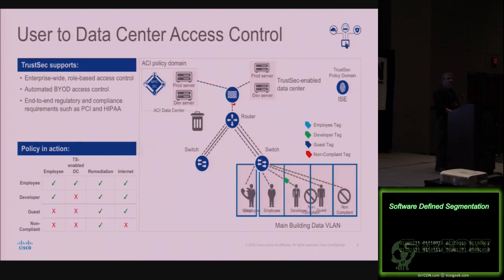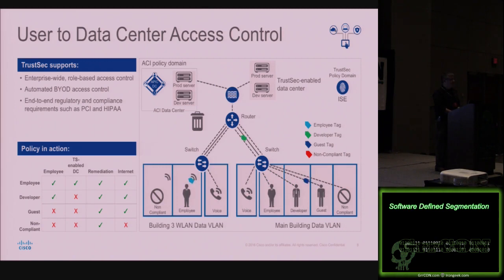What this allows us to do is define what a user is allowed to get to within a data center, and limit people to only the resources that they need access to do their job, right? This is beneficial for compliance reasons. For example, if you're PCI compliant, you have a PCI zone, we can limit access to that PCI zone to just those people that should have access to it.